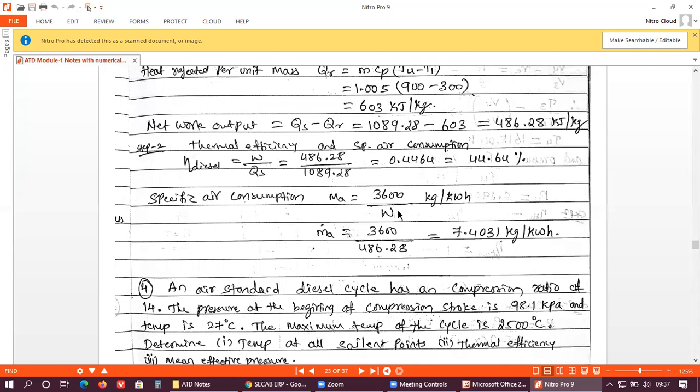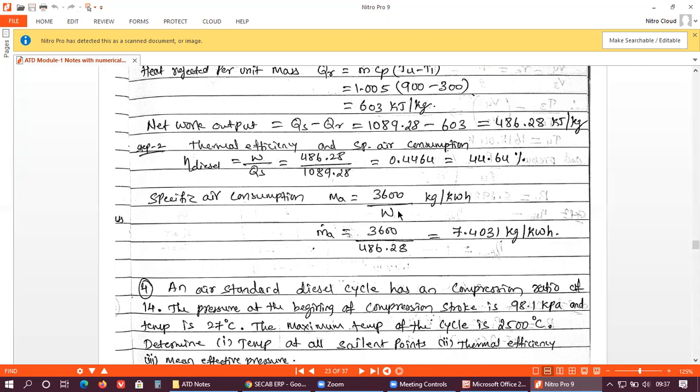Then specific air consumption, mass of air, is given by 3600 divided by work done, right? This is the simple expression for specific air consumption. Per kg of air consumption, how much air is consumed for 1 kilowatt hour of energy generated?